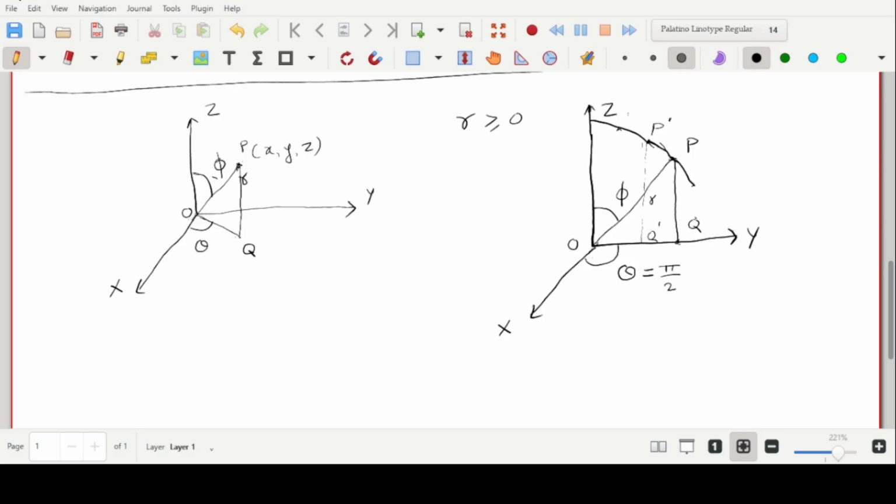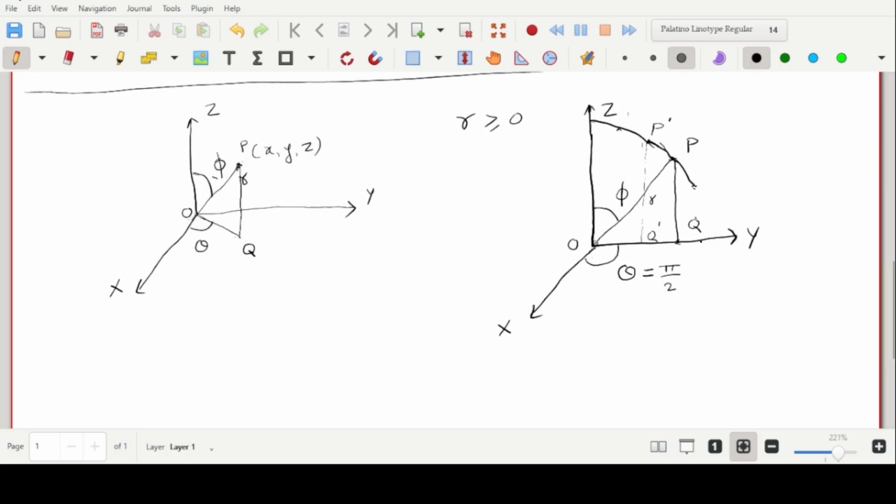So whenever the projection from the point that is at a distance r from the origin and that lies in the yz plane is on the y axis, the value of theta will remain pi by 2. So what are all such points? We want the point to lie in the yz plane and at a distance r.